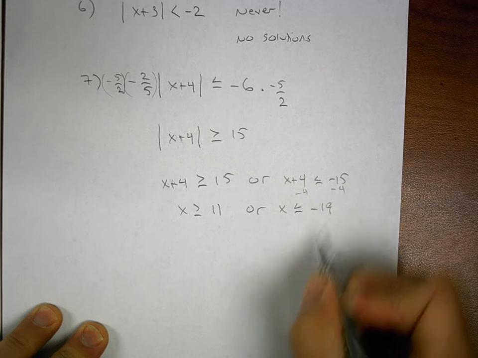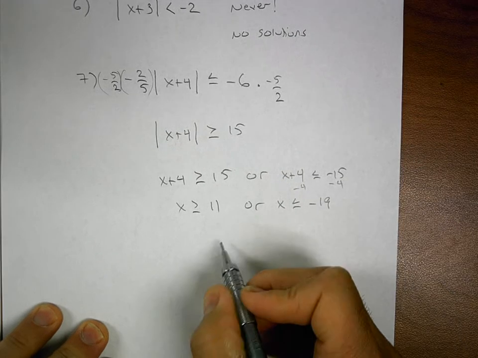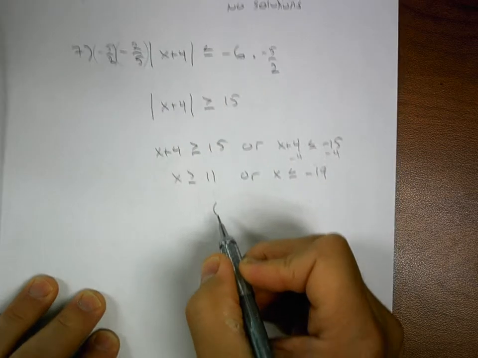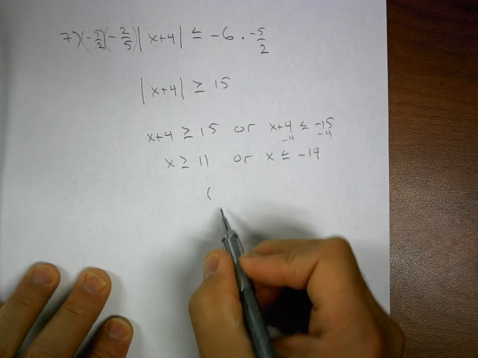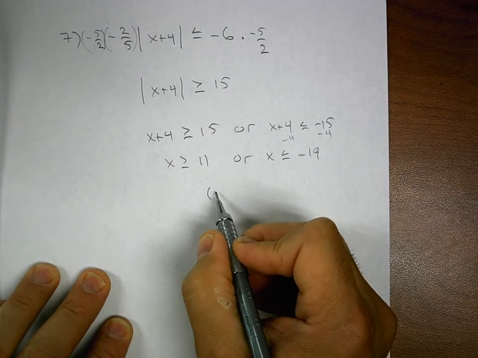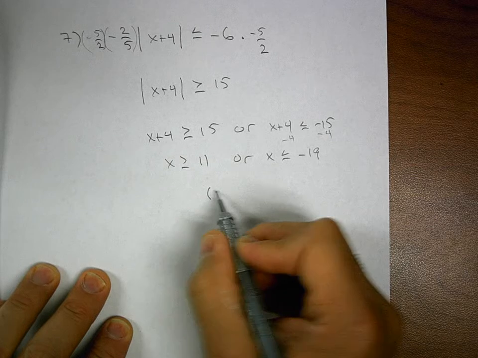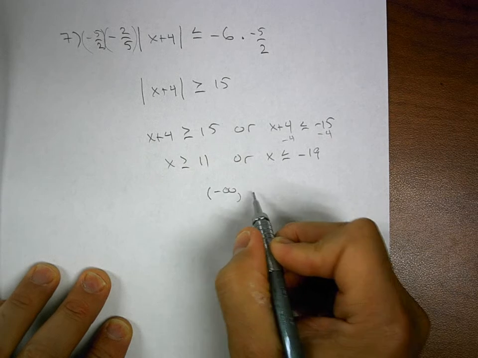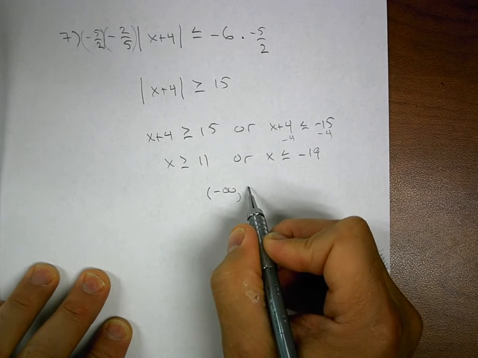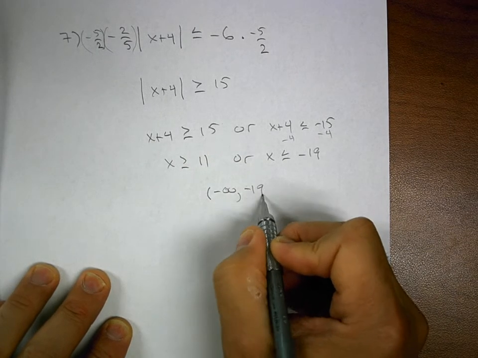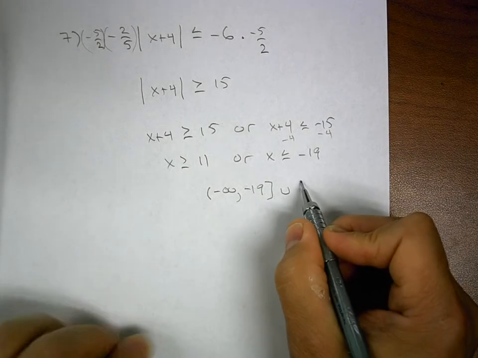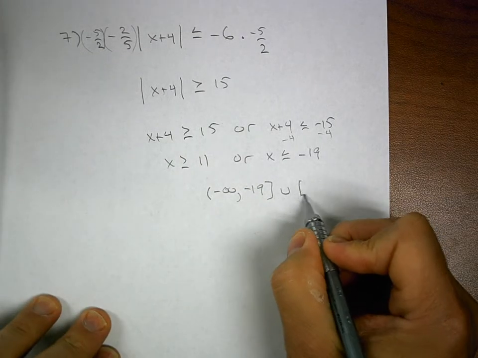Okay, then interval notation, let's finish this thing off. Actually you guys tell me, how do we write this? Well, I'm doing this one first. Negative infinity all the way to, you're right, bracket on this one, negative 19. So it's less than or equal to negative 19. Union with 11 to infinity.